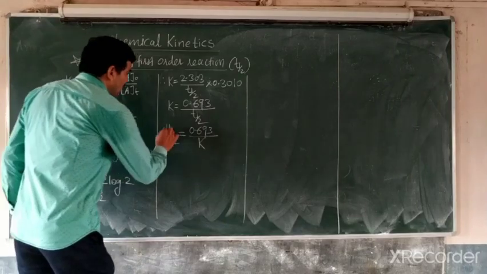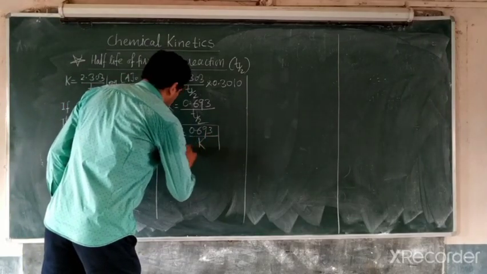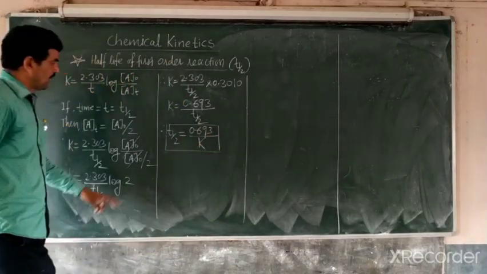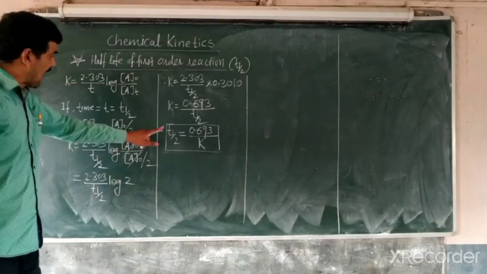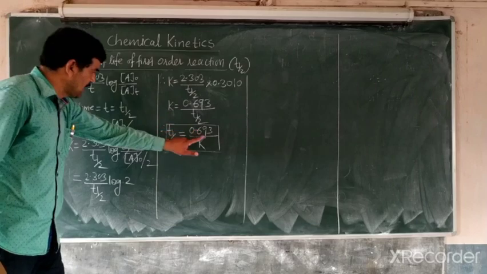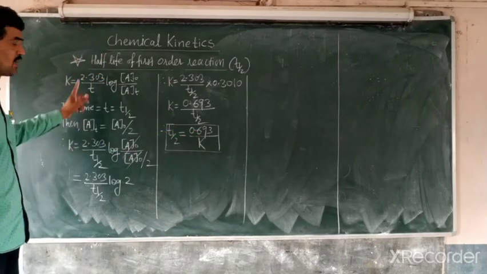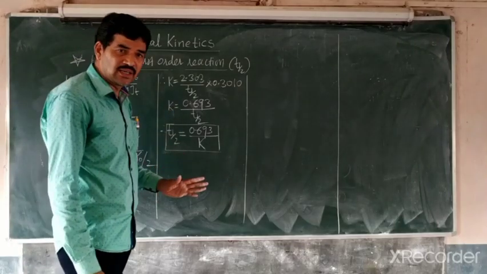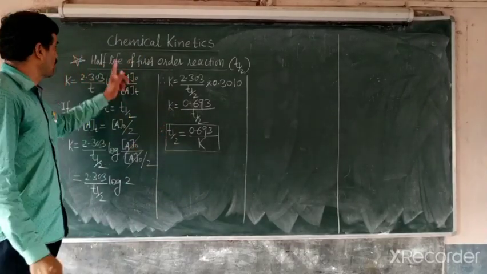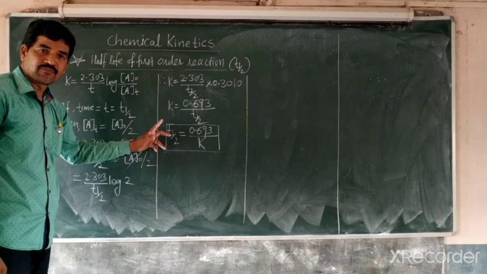Now, from the equation of half-life of the first order reaction, we can understand that the half-life of the first order reaction is independent of the concentration of the reactant. Whatever may be the initial concentration of the reactant, the half-life period of the first order reaction will remain always the same.